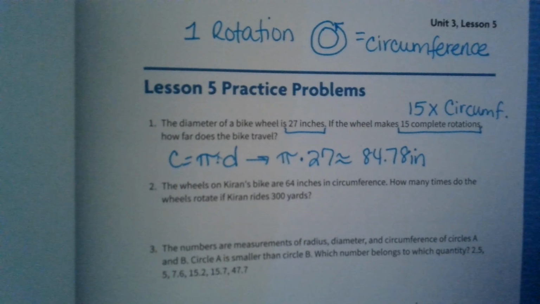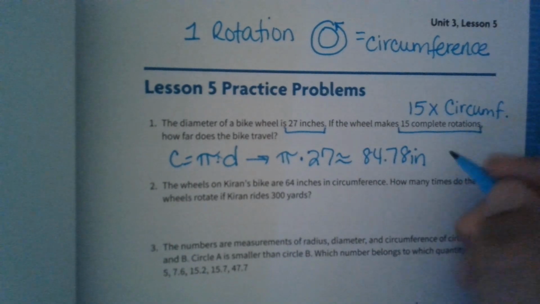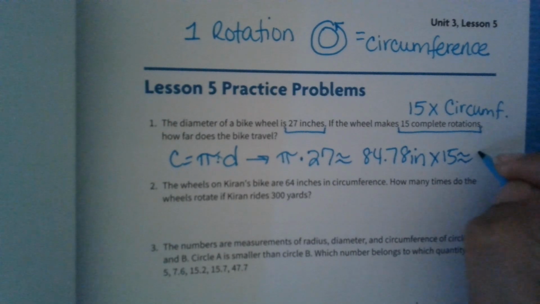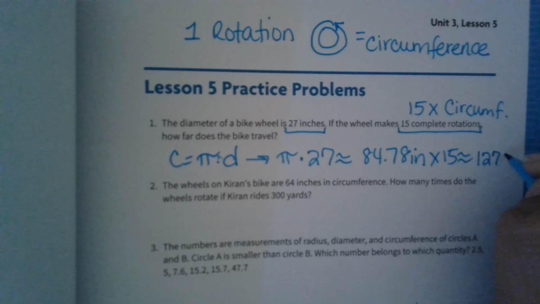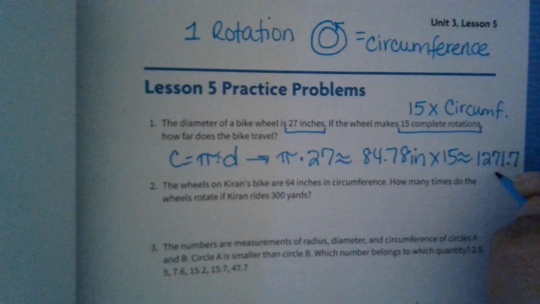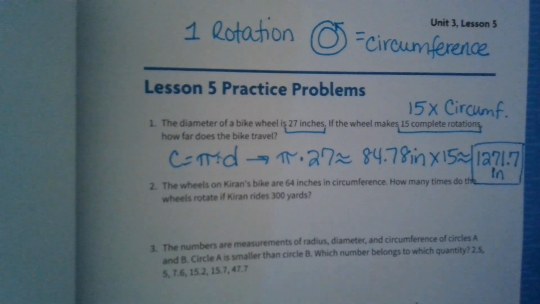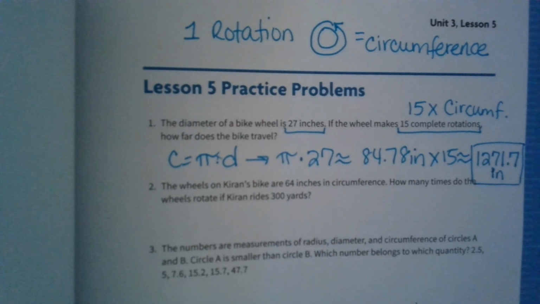So 84.78 times 15 spins gives me a total distance of 1,271.7 inches. Okay, I'm going to give you another few seconds before I move on.